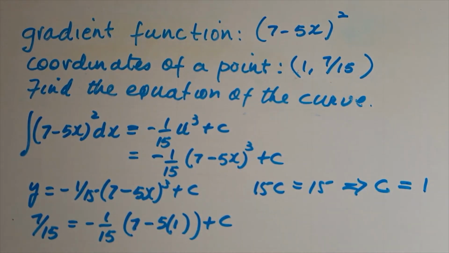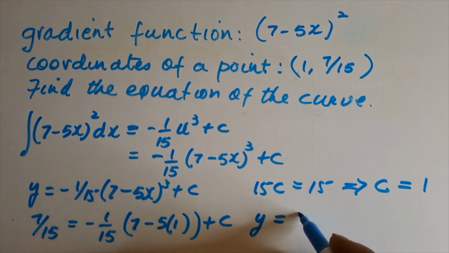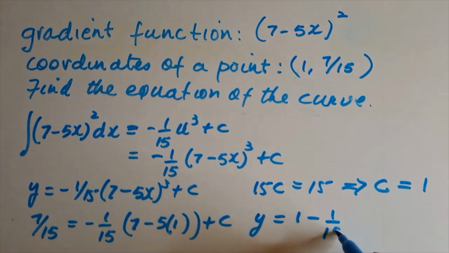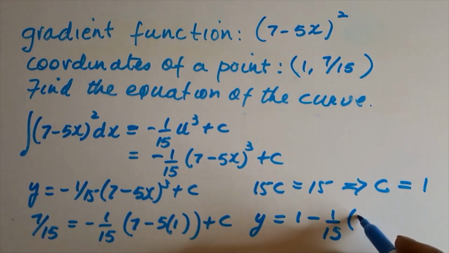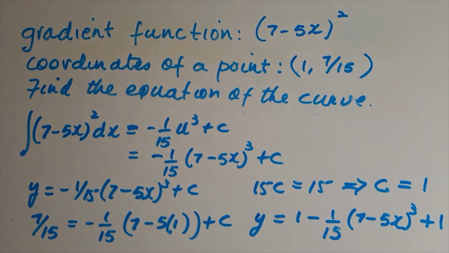And so the equation of the curve now is y equal to minus 1 over 15 brackets 7 minus 5x cubed add 1. Now to write this neatly, we could do a bit of a manipulation of the algebra.